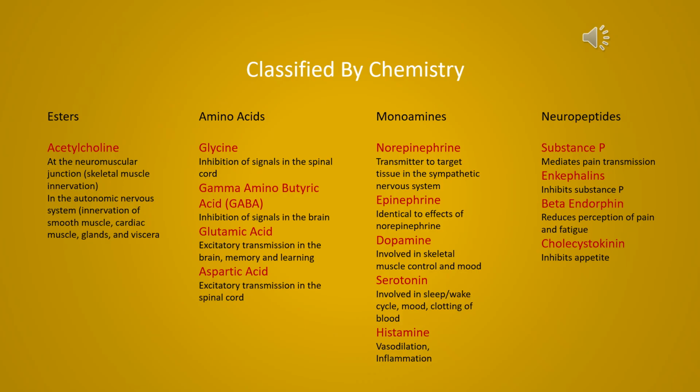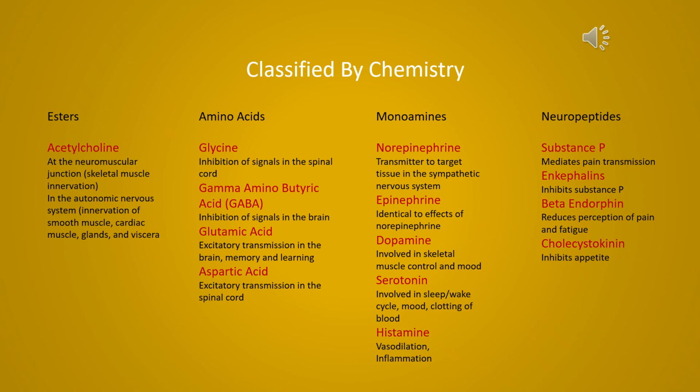The other catecholamine, or neurotransmitter, which is made from tyrosine, is dopamine. This is one of the most important neurotransmitters in the body. The obvious need for dopamine is seen in people who don't have it.